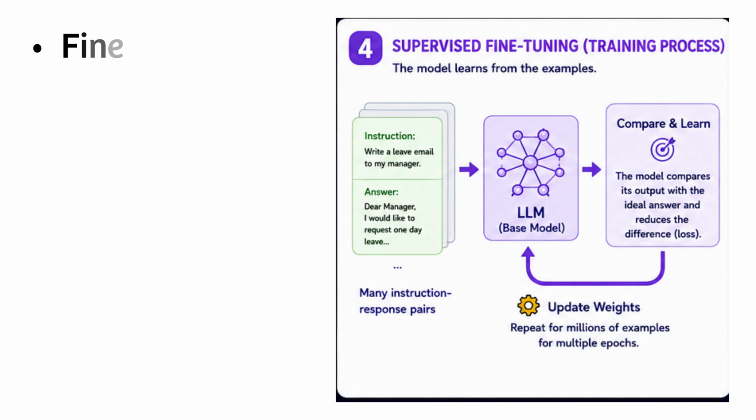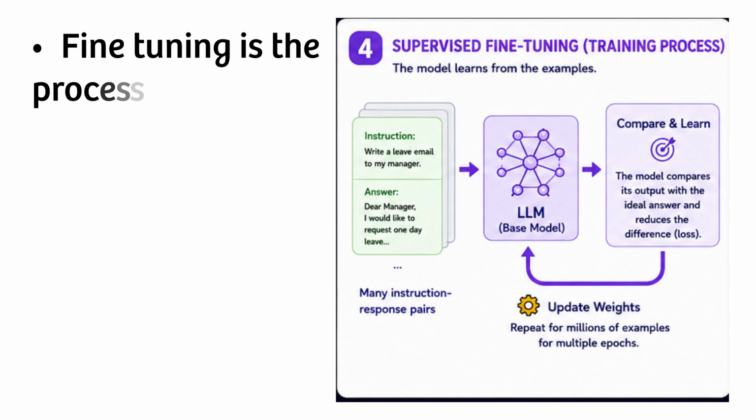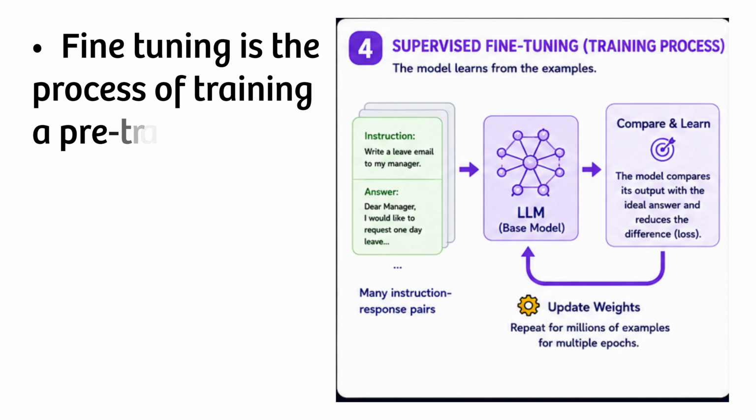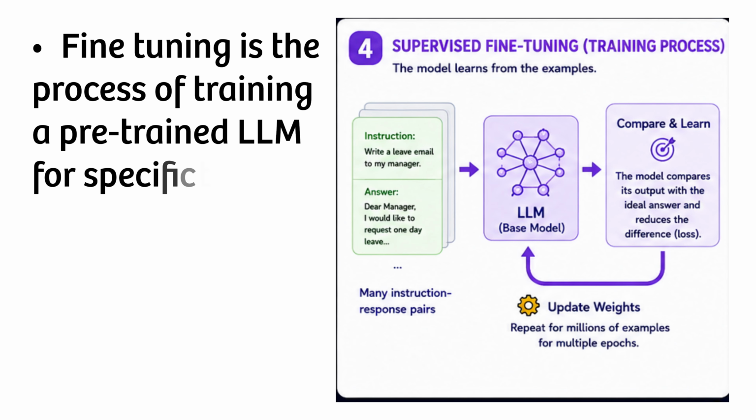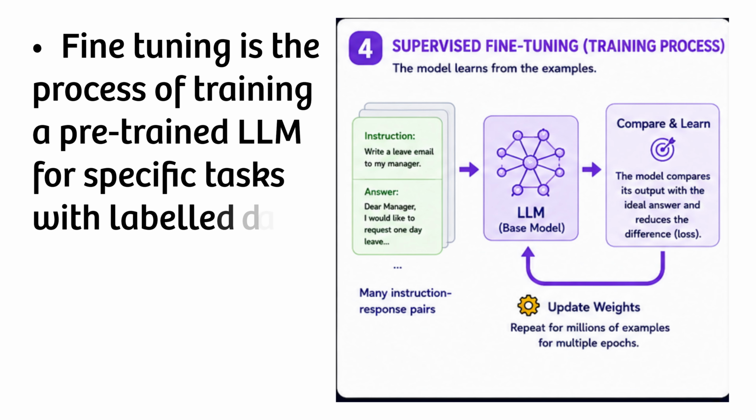Fine tuning is the process wherein you take the pre-trained LLM and train it with labeled data. Labeled data can be instruction response pairs, and in that case, it's known as instruction fine tuning, or it can be any domain specific data if you want the model to respond to a domain specific task.